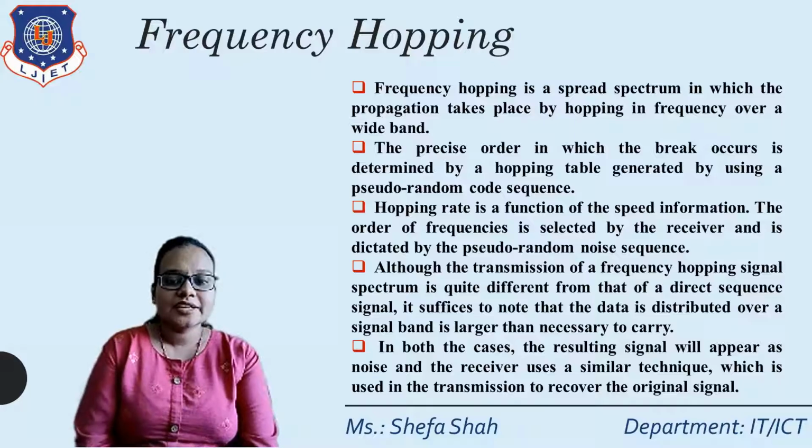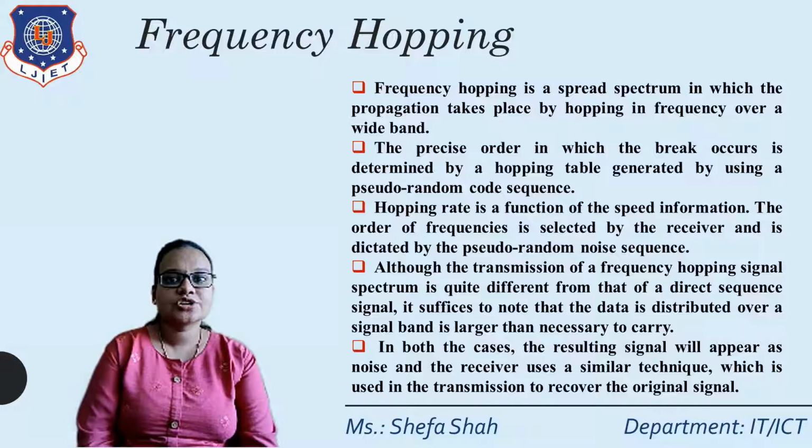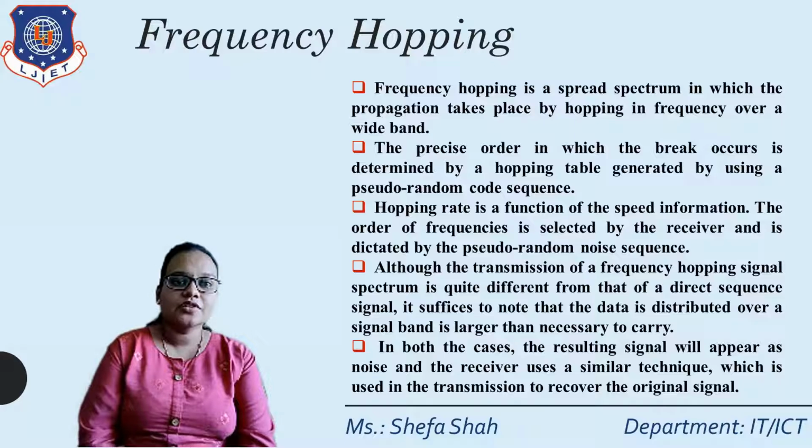Although the transmission of a frequency hopping signal spectrum is quite different from that of a direct sequence signal, it suffices to note that the data is distributed over a signal band that is larger than necessary to carry it. So in both cases, the resulting signal will appear as noise, and the receiver uses a similar technique to that used in transmission to recover this signal.